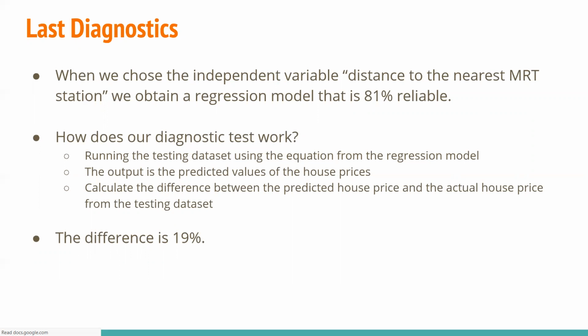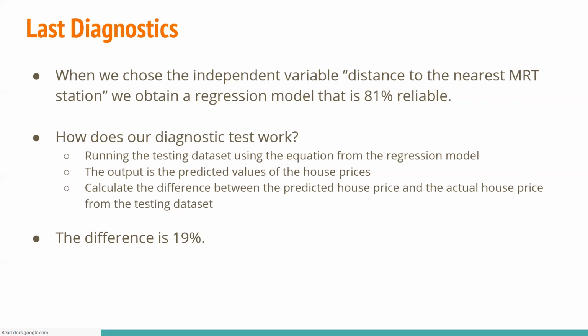Our diagnostic test is comprised of splitting the data set into testing data set and training data set in a 1:4 ratio. And we used the distance to the nearest MRT station variable from the testing data set, and plugged it into the equation that we obtained from the training data set. And then the output is the predicted value for the house prices.